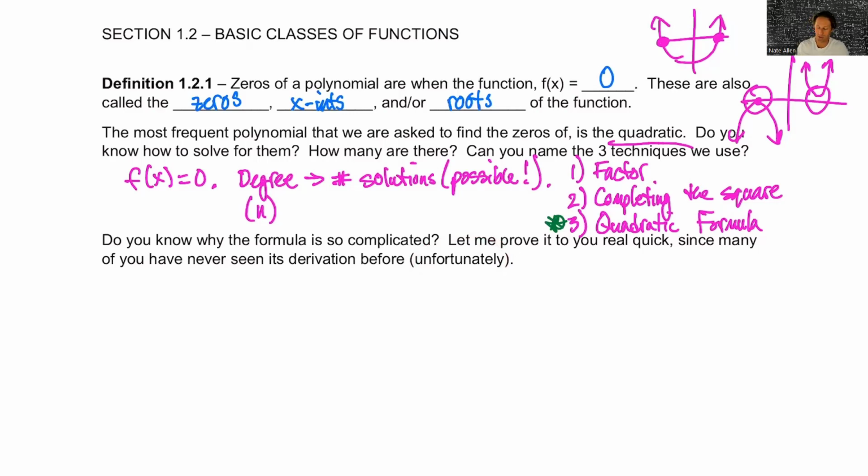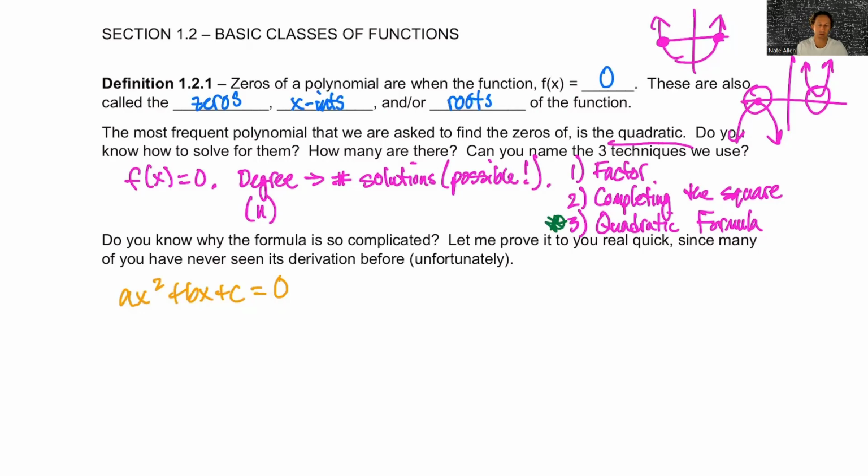So I'm going to go ahead and start you with the generic form of a quadratic equation. So here's a generic form of a quadratic equation with unknown values for a, b, and c. Quadratic because it has a degree of 2 in my equation. And as you can see, I'm solving for the roots, zeros, or x-intercepts.